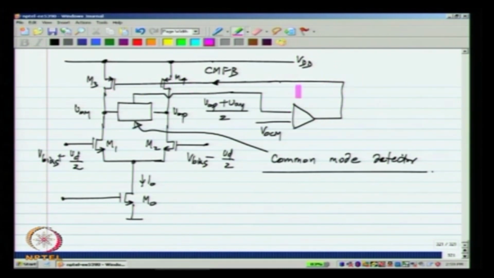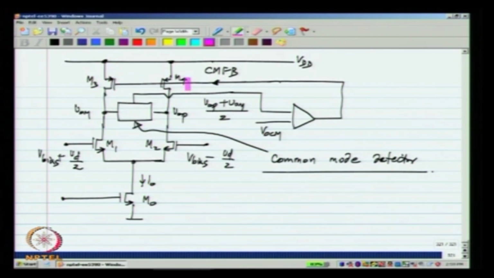In the right direction means that if the output common mode is too high, the current in M3 and M4 is more than the current from M0.